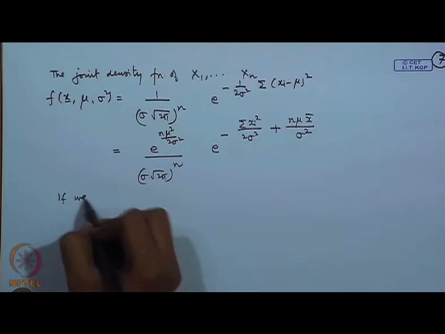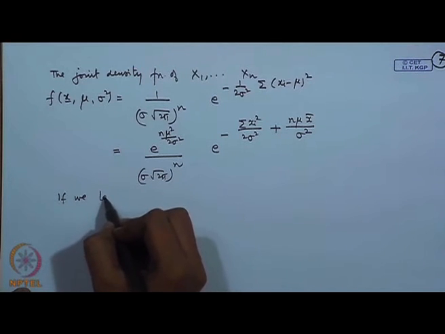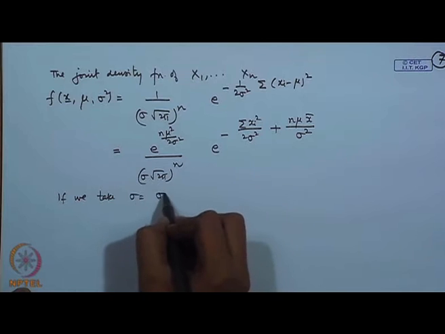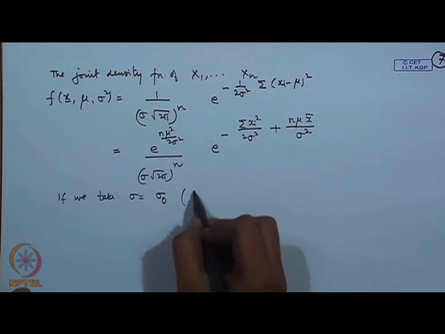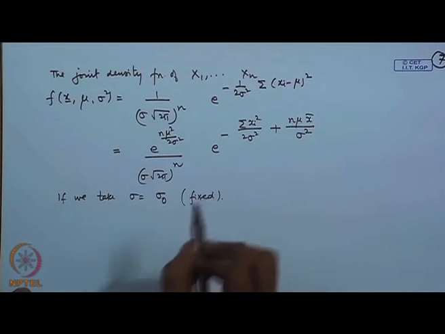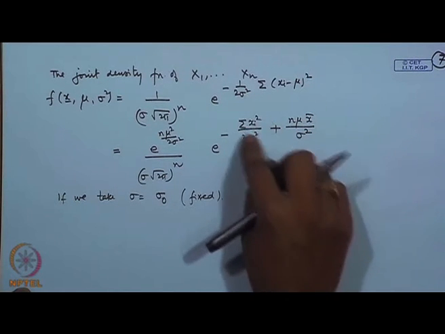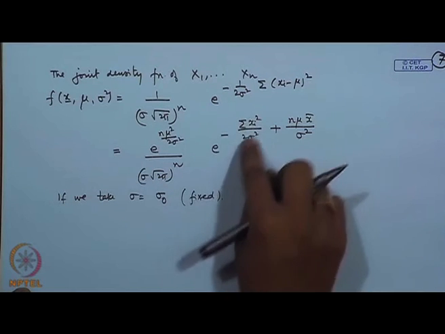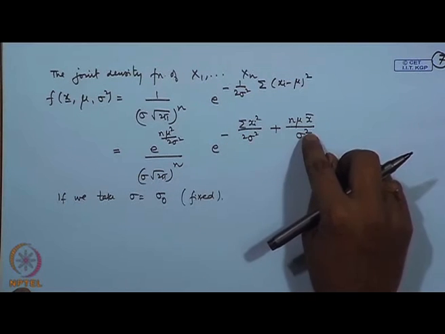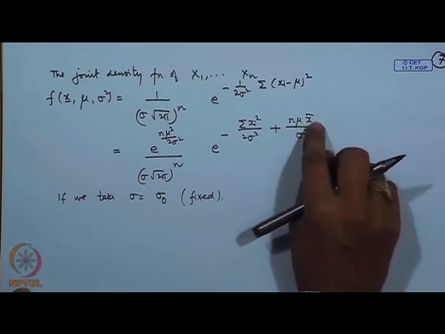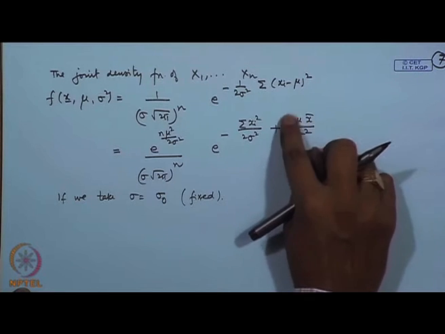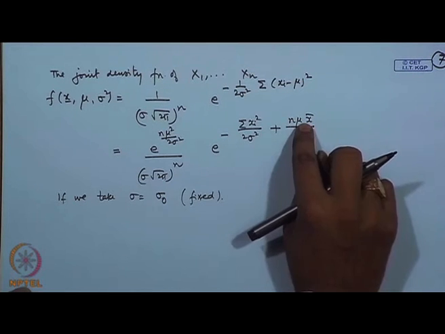If we take, say, sigma is equal to some fixed value sigma naught. If sigma naught is fixed here, then this term is going into the h x part of a multi-parameter exponential family. This will become fixed. So, here you have mu x bar or n mu x bar. So, this is 1 parameter exponential family.